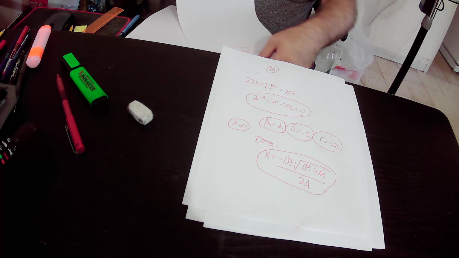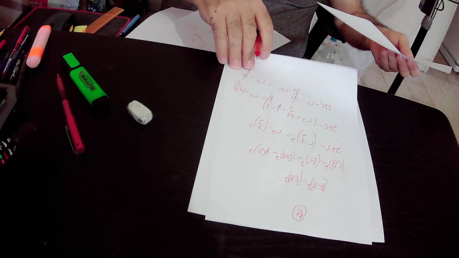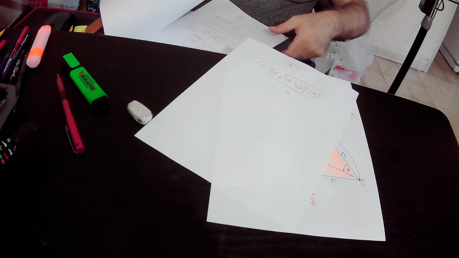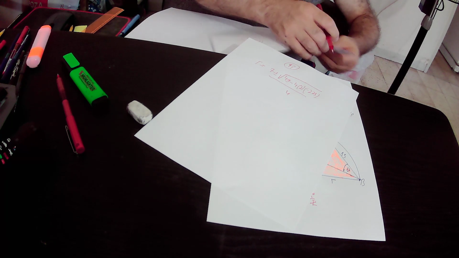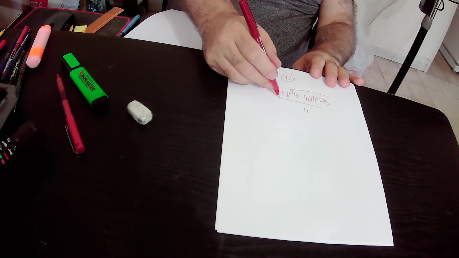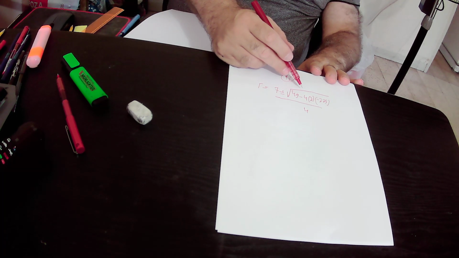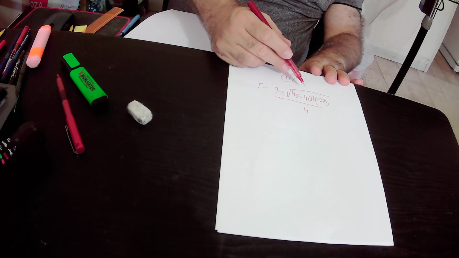So in total we got that the radius equals 7 plus minus root of 49 minus 4 times 2, which is minus 8, and minus 8 times minus 225 is 1800.